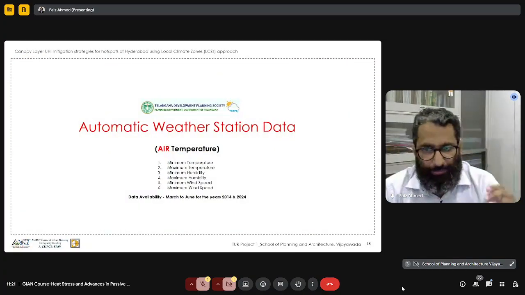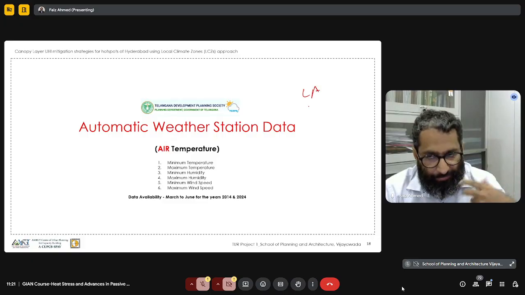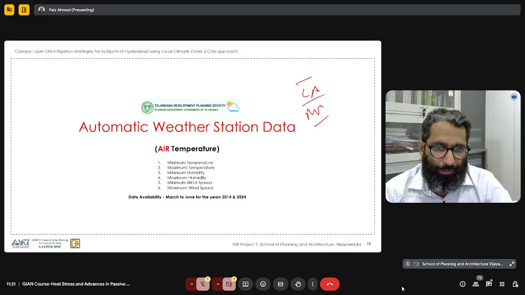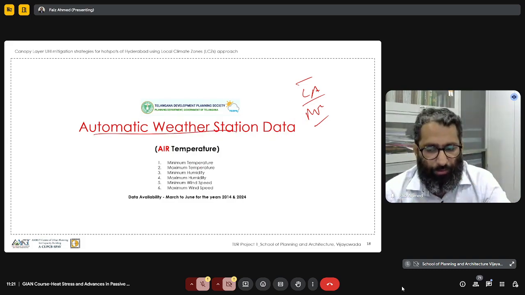So in the first thing, we use Landsat. In the second layer, we try to document these thermal variations during nighttime using MODIS data. And in addition to that, we also took the live data, meaning the automatic weather station data from Hyderabad city.